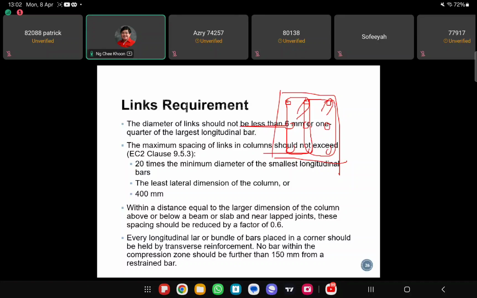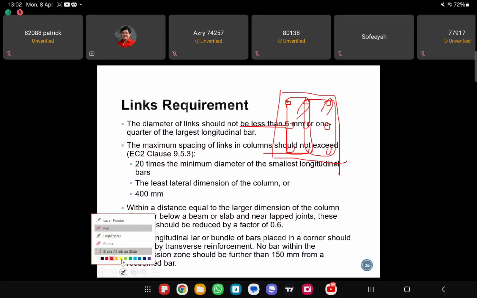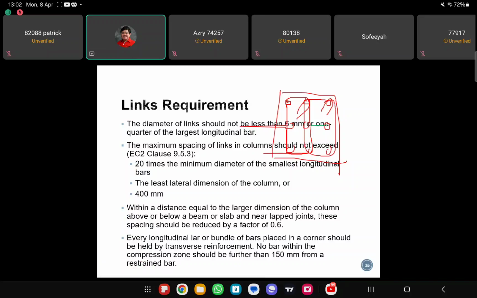If this distance is more than 150 mm, meaning that this distance here is more than 150 mm, measured from center to center, right?